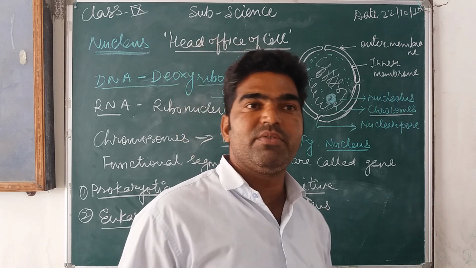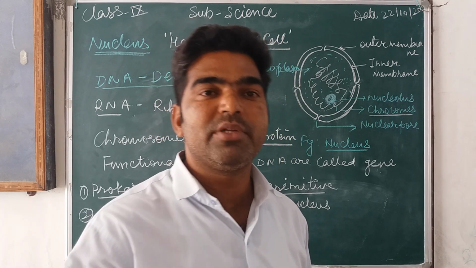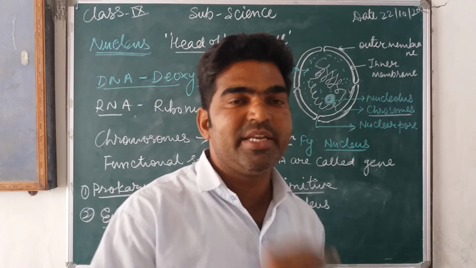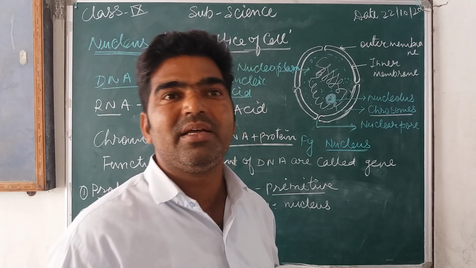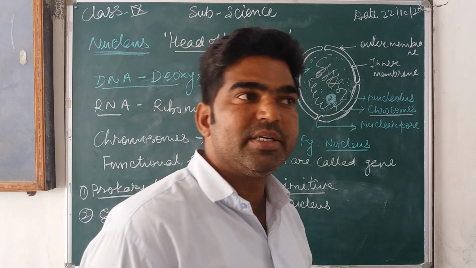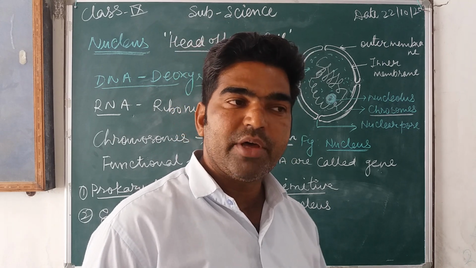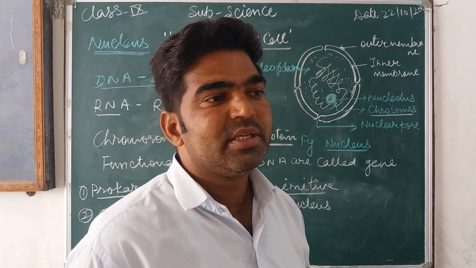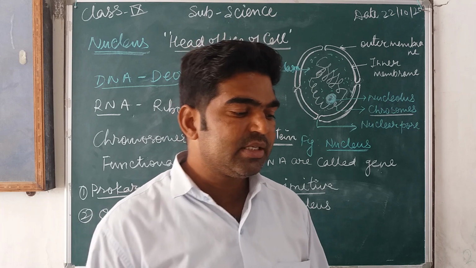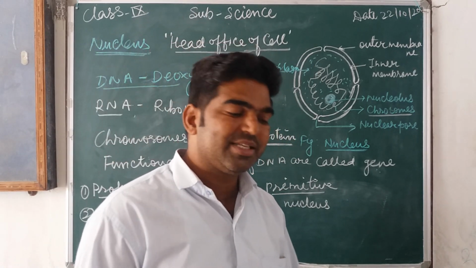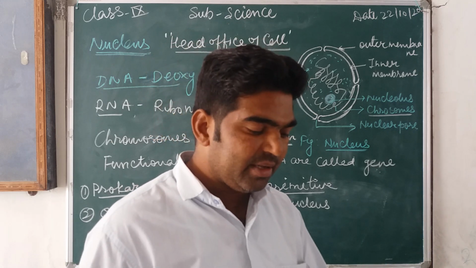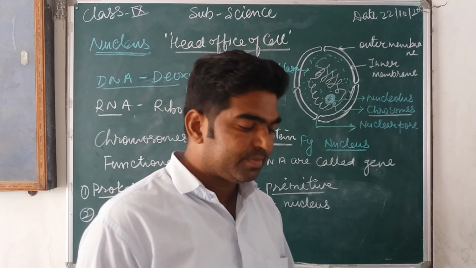The third difference between prokaryotes and eukaryotes is about chromosomes. In prokaryotic cells, only a single chromosome is present, but in eukaryotic organisms numerous chromosomes, more than one, are present. So these are some differences between prokaryotic and eukaryotic organisms.